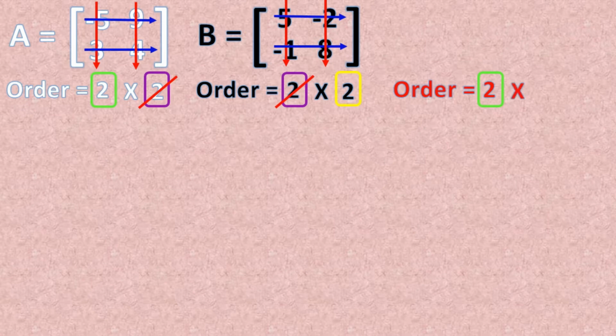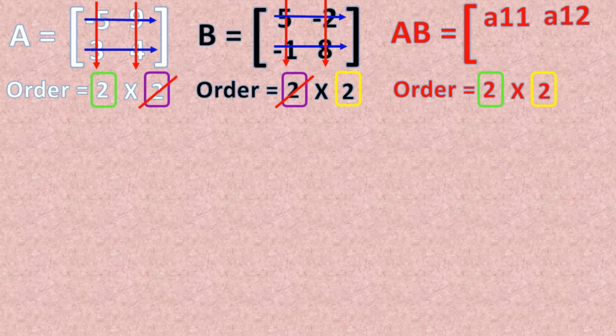The remaining numbers decide the order of the product matrix. Now the product matrix will look like A11, A12, A21 and A22. Now students, let's go for multiplication.